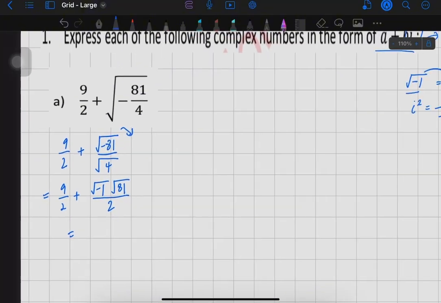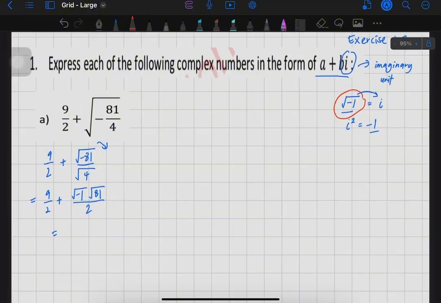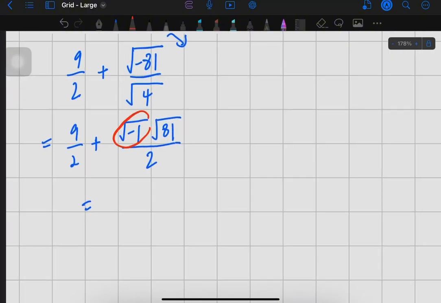As per the rule I explained earlier, every time we see a square root of -1, we replace it by i. So here it will be 9/2 plus i times the square root of 81, which is 9, so 9i/2.